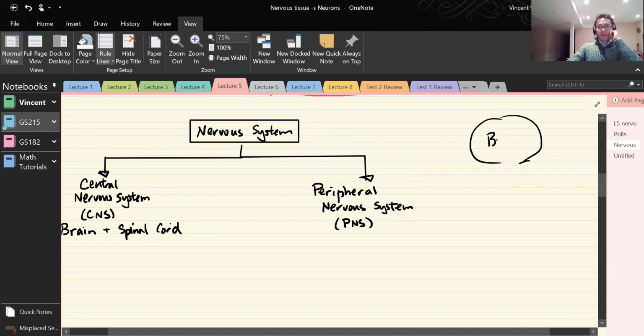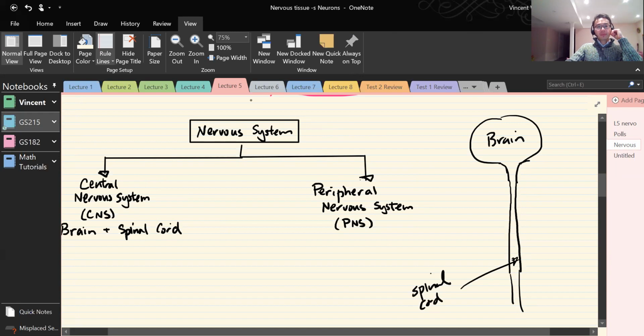This is your brain. Okay, and then this is the brain stem, right? Remember the medulla oblongata that we talked about in the respiratory system, where you have the respiratory center? So that's part of the brain stem. And then this is going to come out from a hole at the bottom of your skull, and then it's going to go all the way down. So this whole thing, this is the spinal cord.